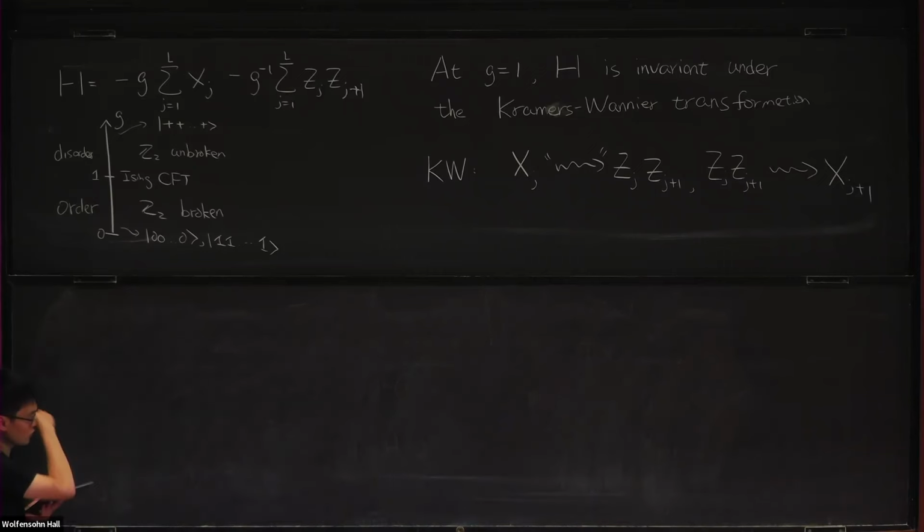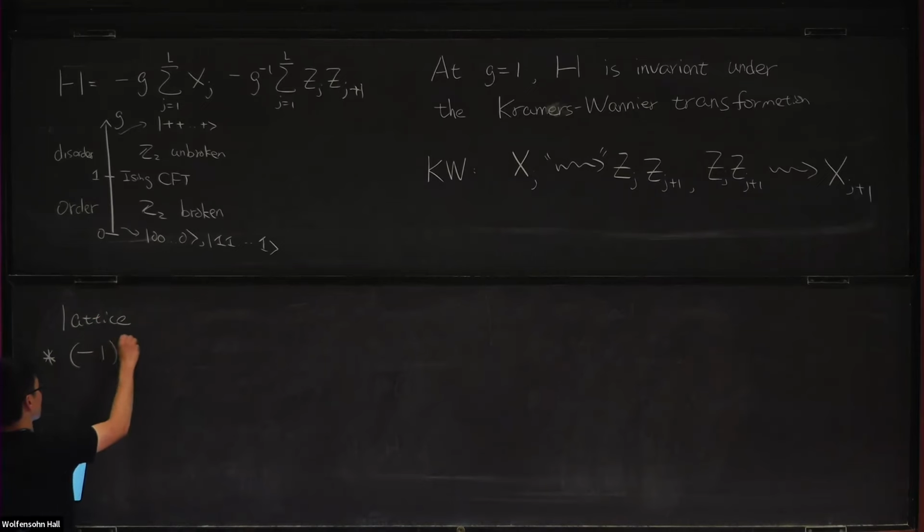So later on, we're going to relate the fermion problem back to the Ising lattice model. But before that, let's just analyze the fermion problem in its own right. So on the lattice, for this Majorana lattice model, what are the symmetries? There's a fermion parity symmetry, (-1)^F.